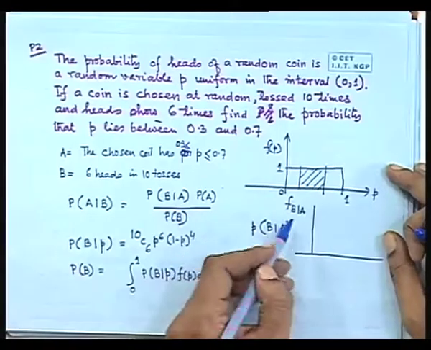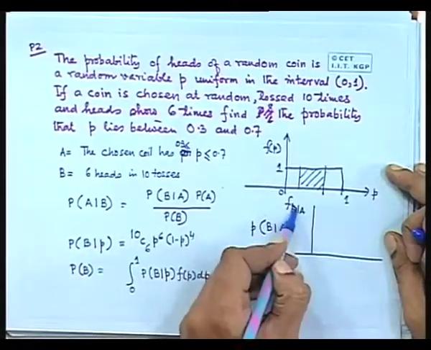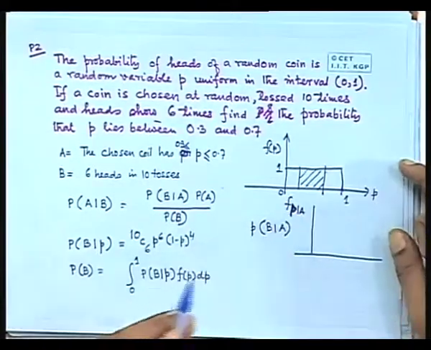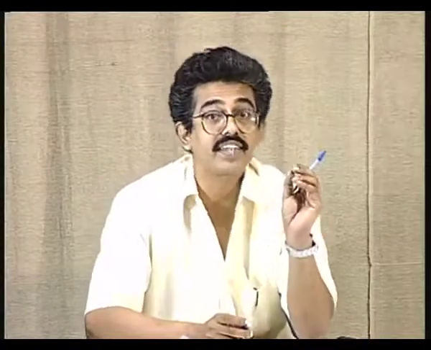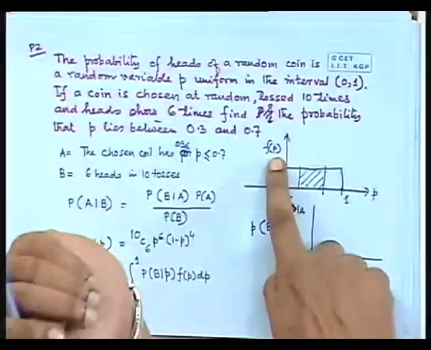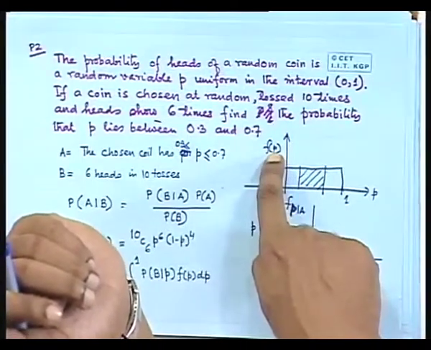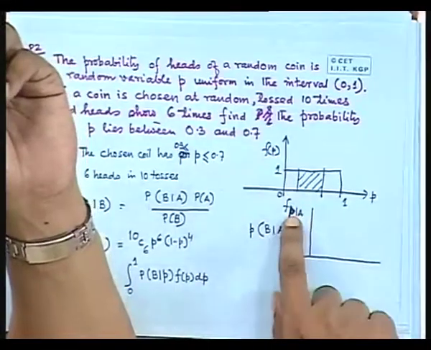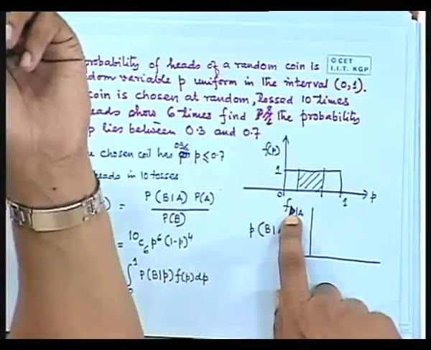Rather, this is not f of B given A, this is f of P given A. What is the probability density function of P, given that P lies between 0.3 and 0.7? This is only the ordinary probability density function of P, nothing is given, it could be anywhere. But now, what is the probability density function of P given that they all lie between 0.3 and 0.7? That is, can you characterize the probability density function of that small heap.